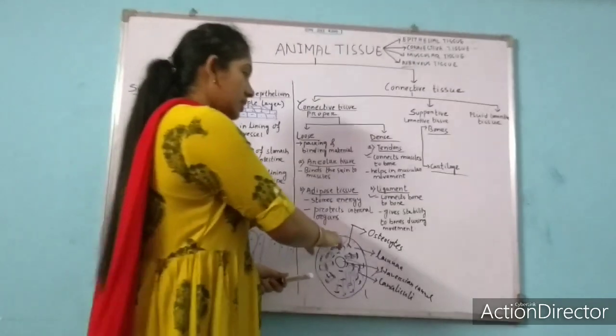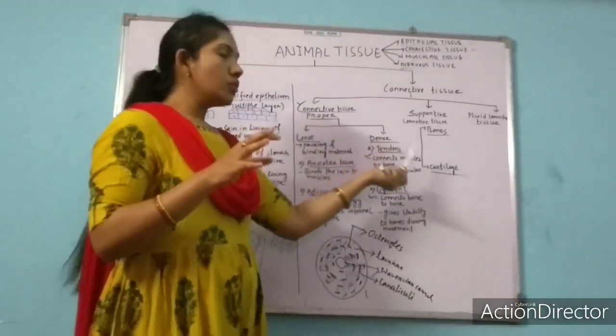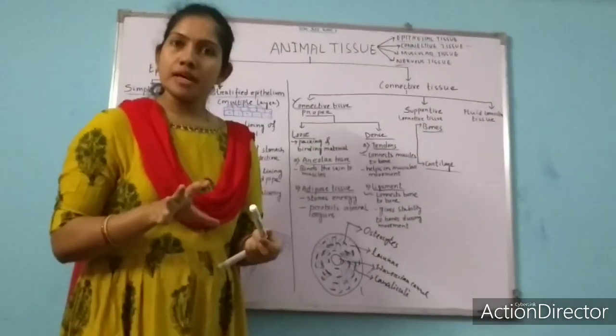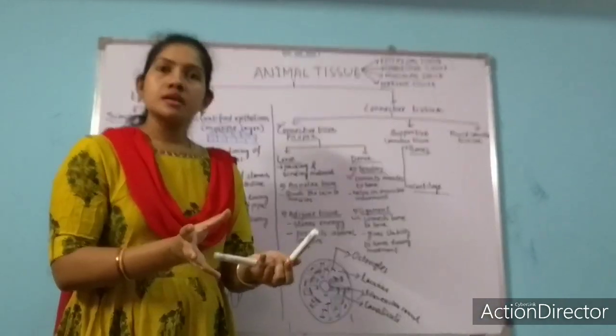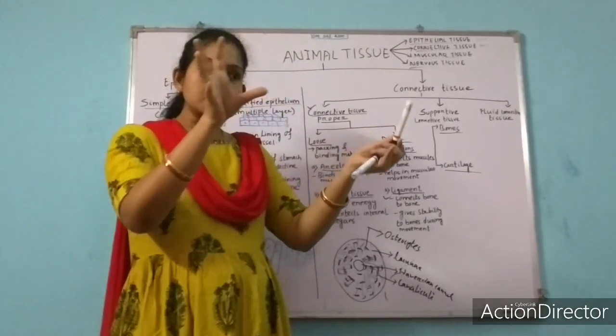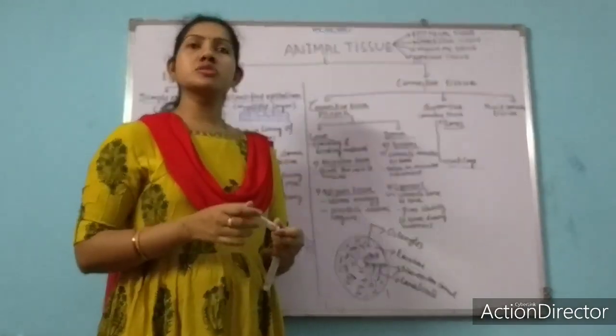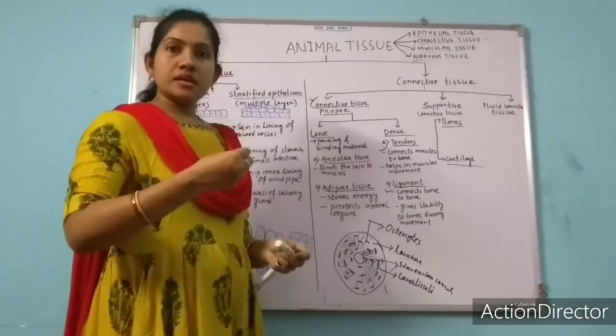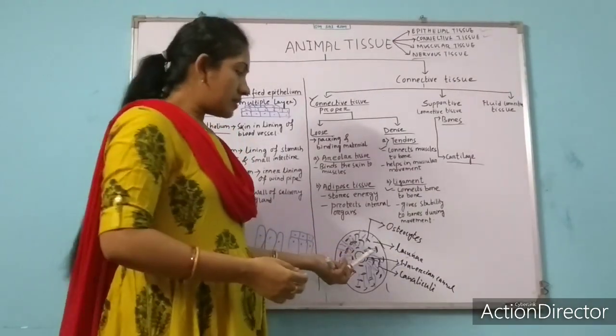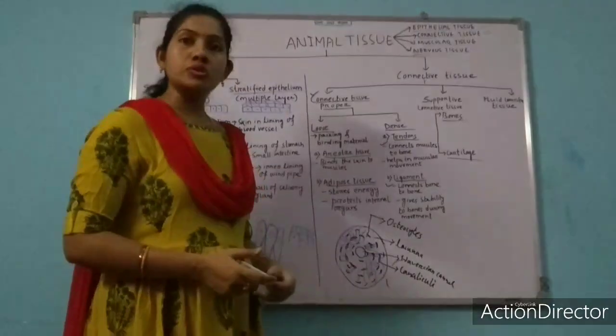Go through it. The cells of bones are called osteocytes. Osteocytes arrange themselves in a ring manner in a space, and that space is called lacunae. There is a connection in between the cells, and that canal is called canaliculi.